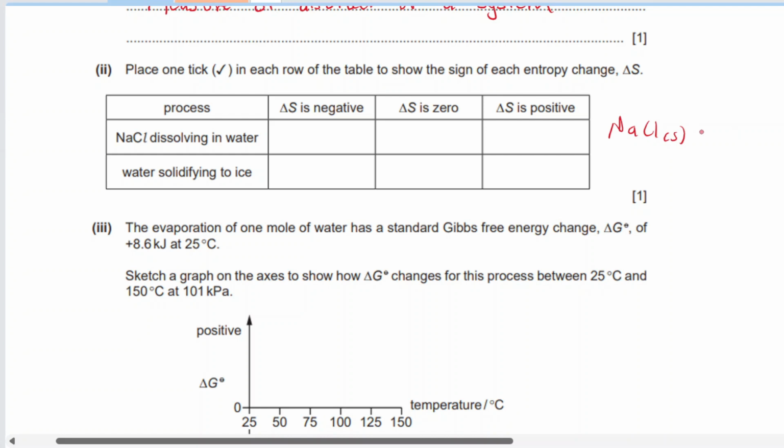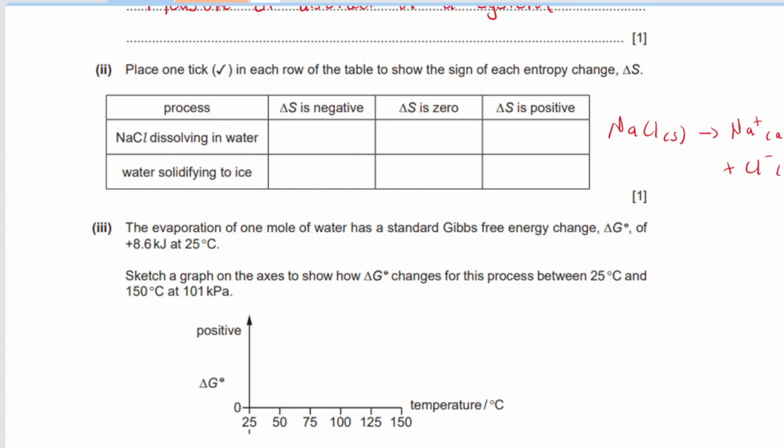When it dissolves in water, it becomes sodium aqueous ions and chloride aqueous ions. You see there's a change in state over here. It's going from solid to aqueous, and aqueous is basically dissolved in water, so it's kind of a liquid. So when you're going from solid to aqueous, you are making the ions free to move, and so you're increasing the randomness and the disorder in the system. So that's why the entropy change is positive, because you're increasing the entropy.